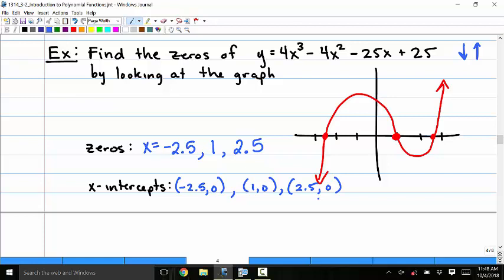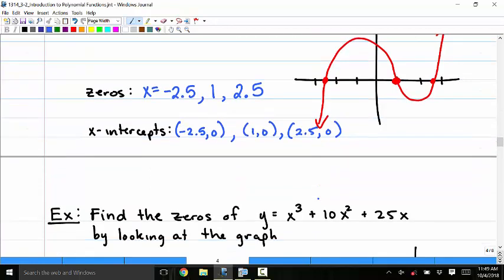Do you see how the zeros correspond to the x-intercepts? X-intercepts are always points, so give me an xy ordered pair. We're going to do it again. I'm going to push pause and let you play on this next one for a minute.